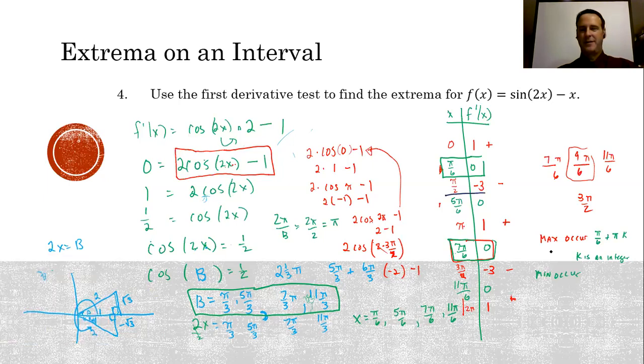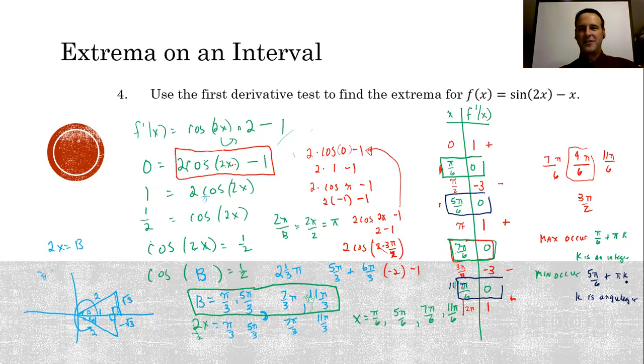It's 5 pi over 6. Okay, plus, and again, there's another moment where you have a min. It's 11 pi over 6. So you're adding again from 5 pi to 11 pi, both over 6. You're adding another 6 pi over 6, which is another pi, plus pi k, where k is an integer.